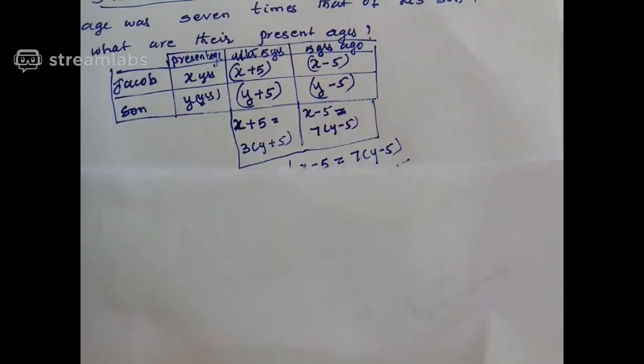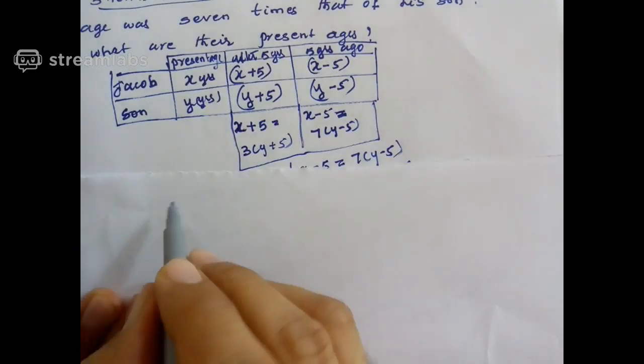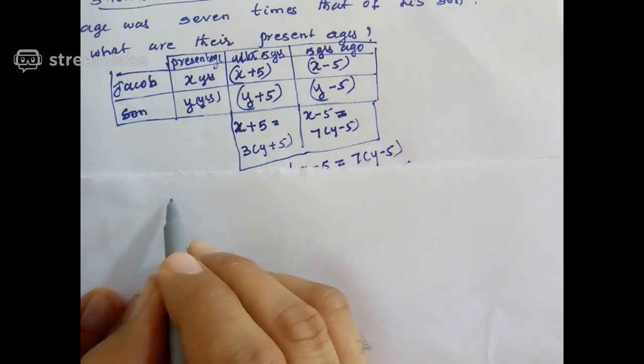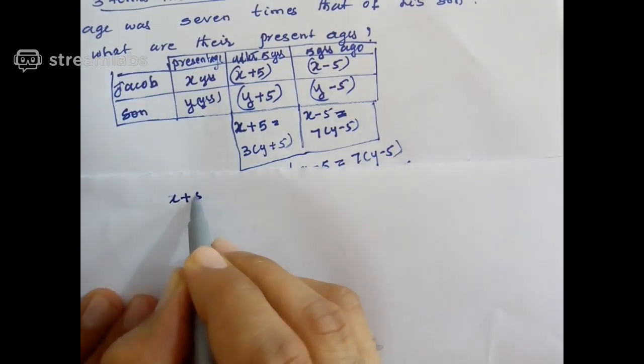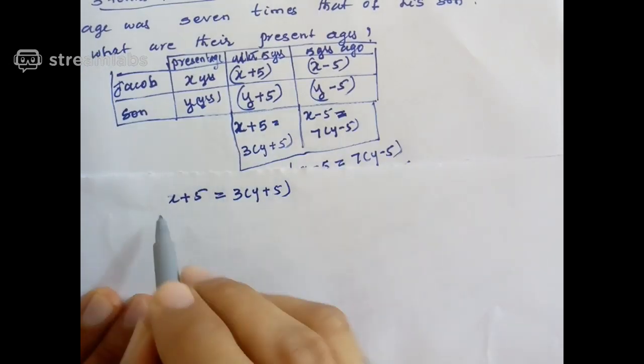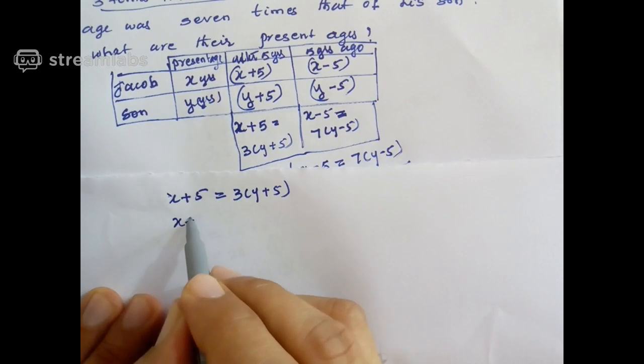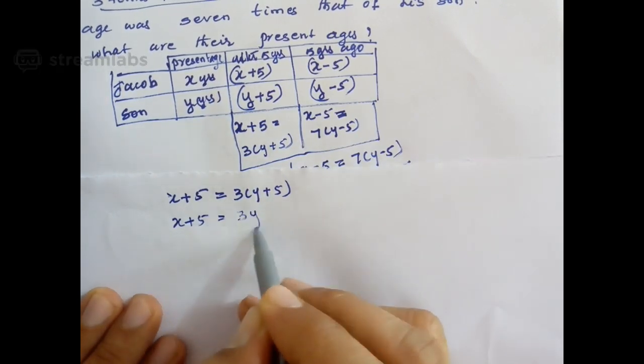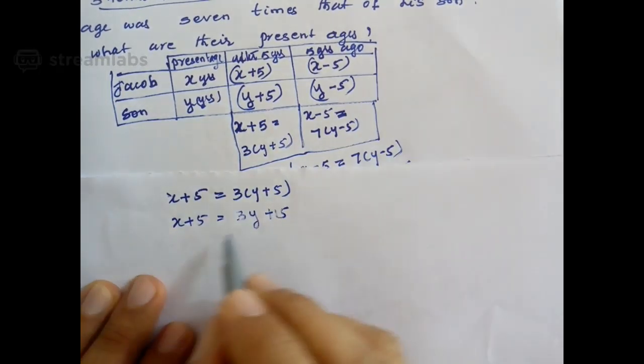I'll repeat for this, sorry for the mistake. x plus 5 is equal to 3 into y plus 5. Then x plus 5 is equal to 3y plus 15.